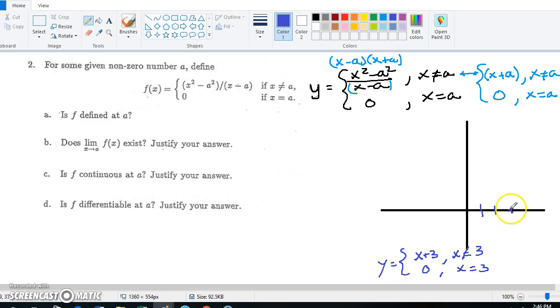Okay, so 1, 2, 3, there's a 0. The line x plus 3 is a positive linear sloped line passing through -3 and +3. And when x does equal 3, we have to have a hole.